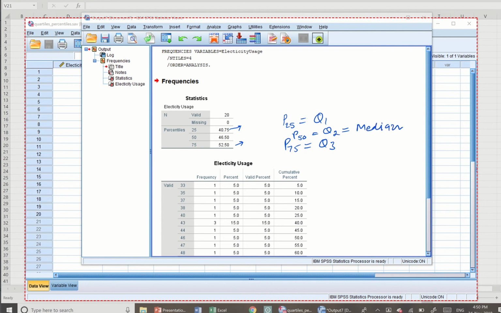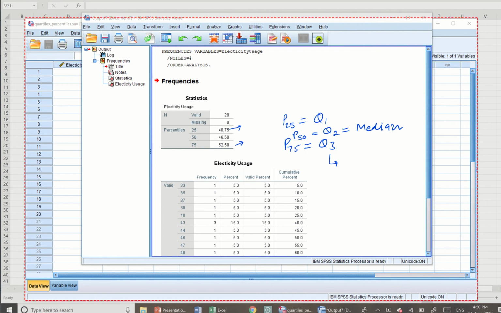When we manually calculated, we approximated Q3 to 54, whereas it was not 54, it is 52.50. So this way SPSS computes the quartiles and percentiles, and we need to understand the concept only.